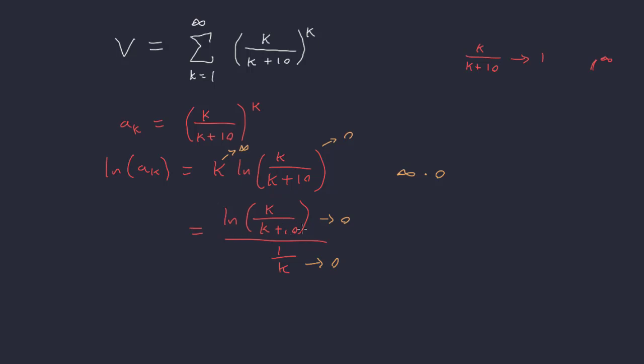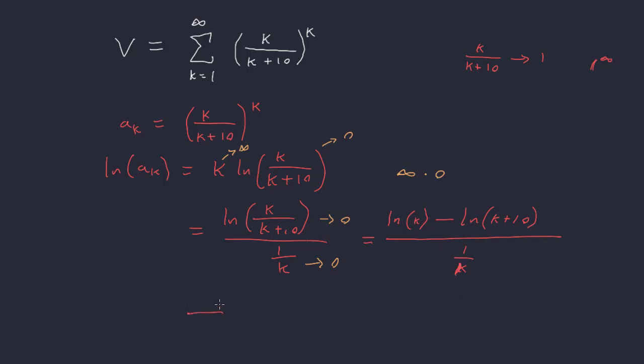This will be a lot easier to differentiate if first we write it as ln k minus ln of k plus 10, all over 1 over k. Otherwise you're doing a quotient rule with this, and this will be a lot easier to differentiate. It's still a 0 over 0 case, all right? We just changed the way it looked.